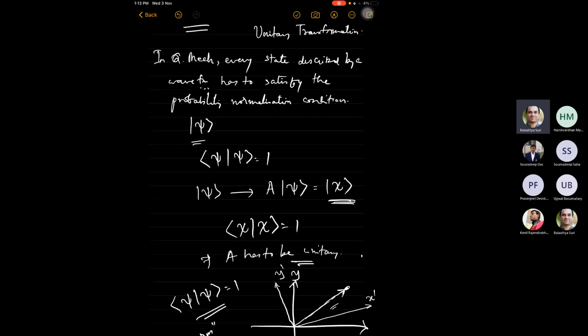All the transformations between any two wave functions have to be unitary. If the two wave functions are normalized in the sense of Max Born, that is, they do represent probability densities of physical states, then the transformation connecting them has to be unitary. That is what we meant.